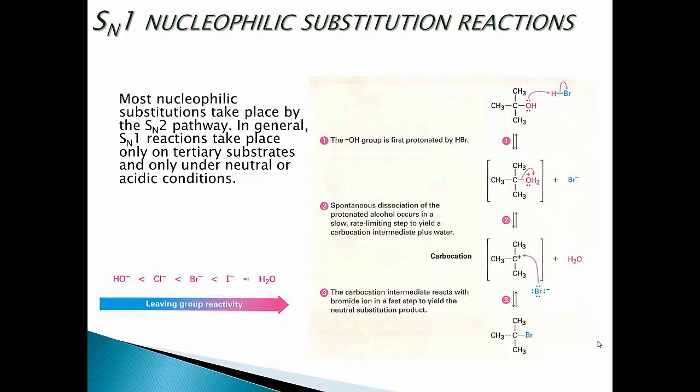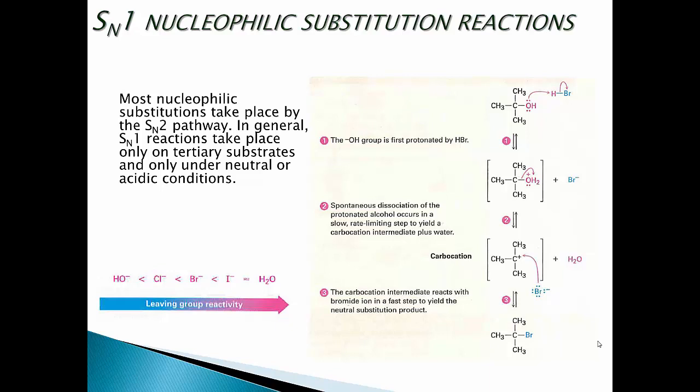So because we have a carbocation being formed, we've got a carbon with a positive charge. When that bromine comes in, it can come in from any face of the molecule. So there's lots of room, it can come in from any angle, and what we find is we have a mixture of the stereochemistry.